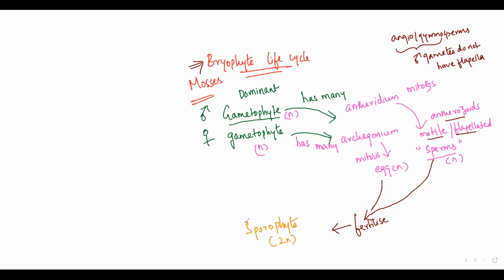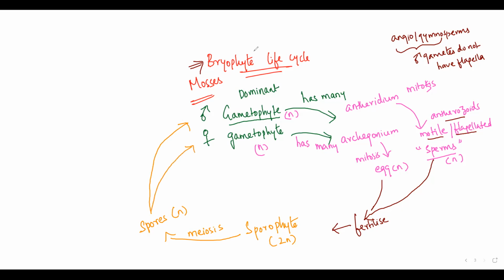And these sporophytes are going to produce spores which are haploid. So basically they undergo meiosis. Now these spores develop into the gametophyte.